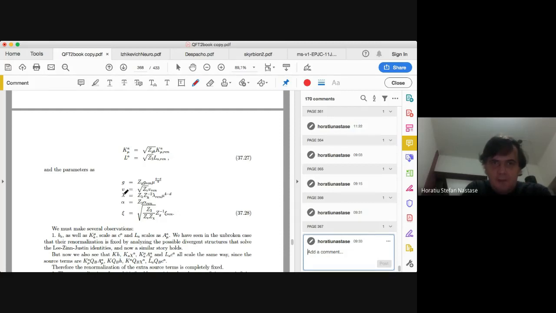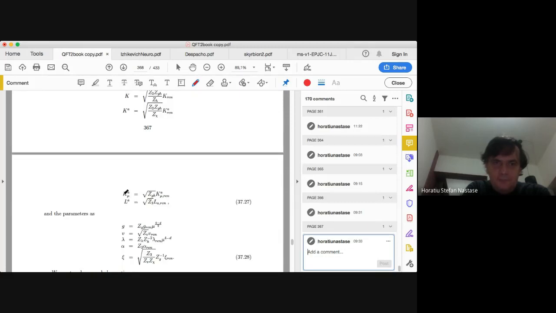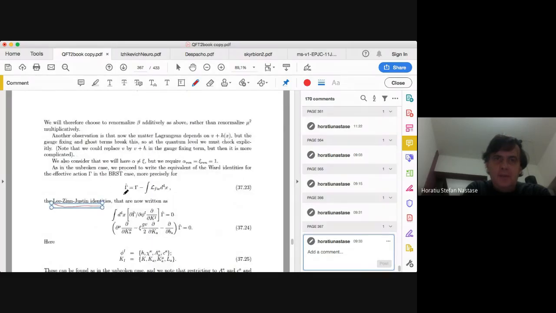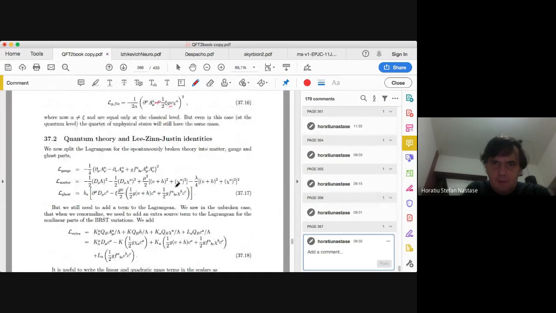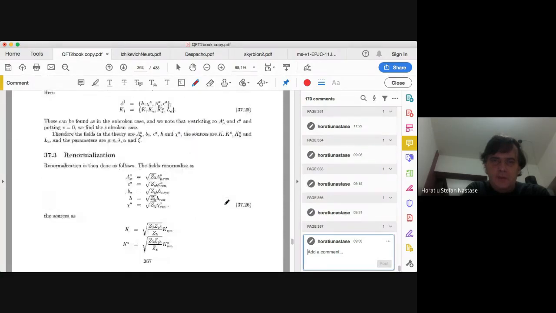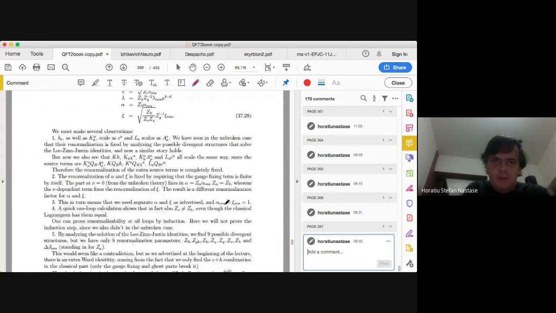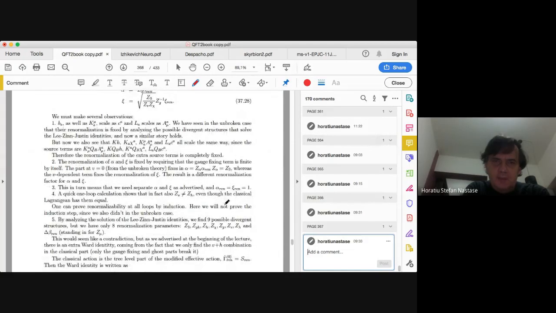Then as a result, lambda appears, how does it appear? So I have lambda times (v plus h) to the fourth, actually.